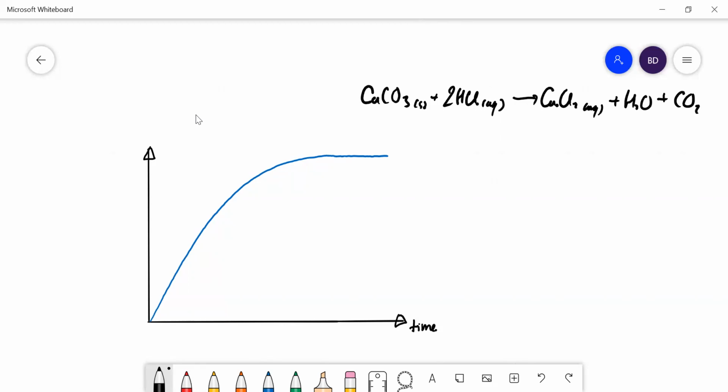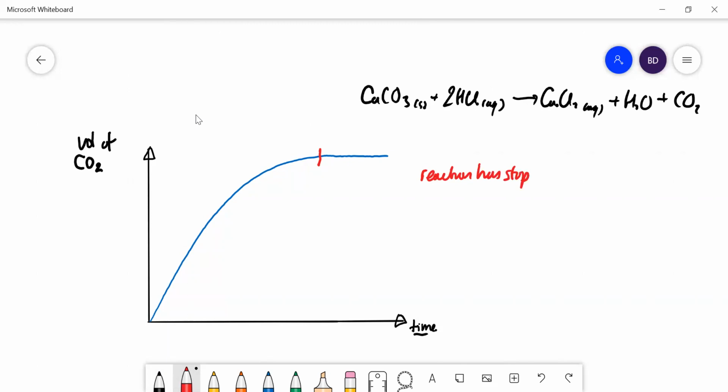So we put on this axis here the volume of CO2 that has been produced, and this is time. Now we can see at about this point here, the blue line goes horizontal. So that means no more carbon dioxide is being produced there. And that's because at that point the reaction has stopped.